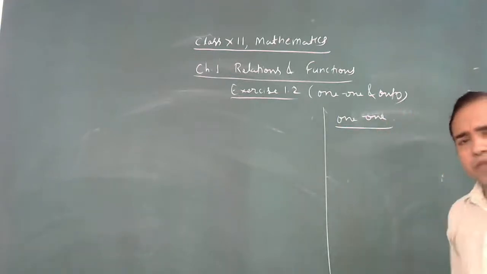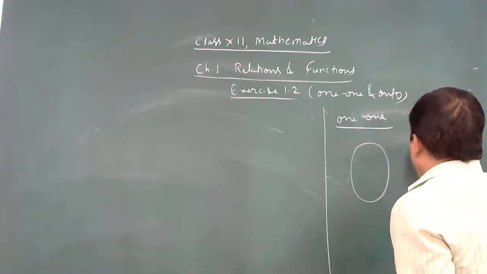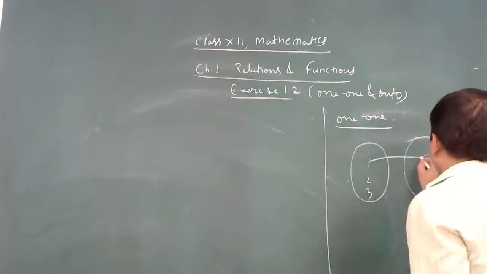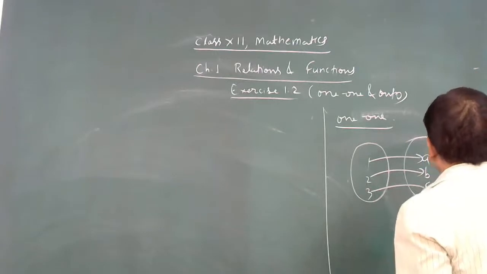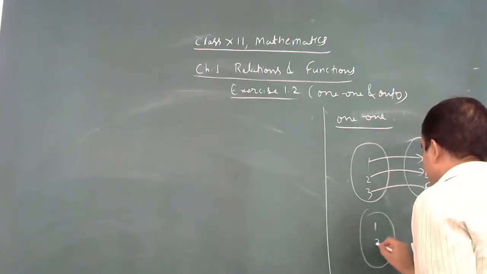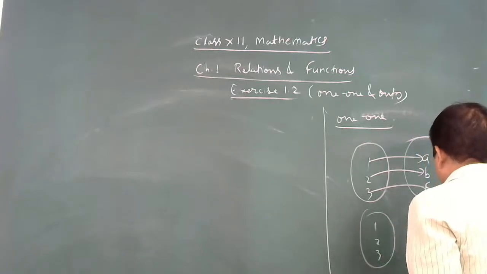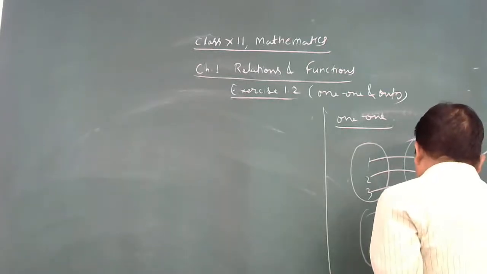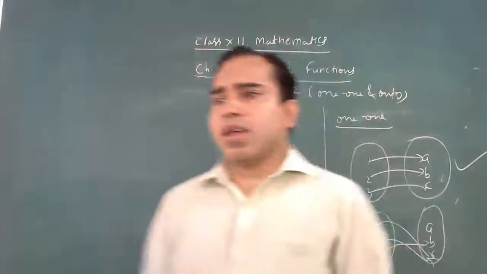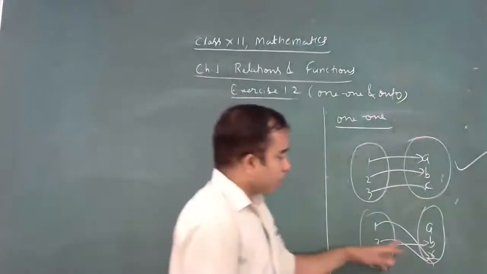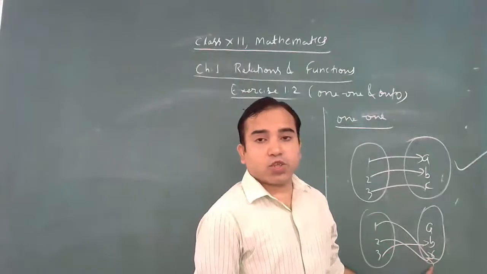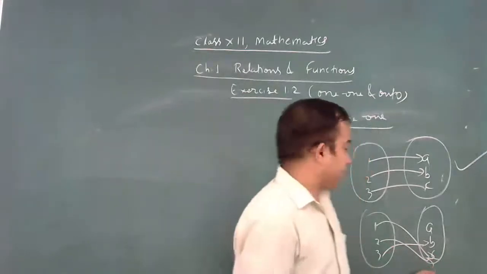You remember what was a one-one function? This function is one-one, and this function is not one-one. Why? Because C here has two pre-images, more than one pre-image, right?